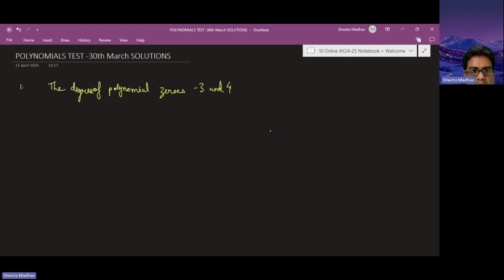If the polynomial has two zeros, it means its degree should be 2. So the answer is option A, since the rule is that the number of zeros of the polynomial should be the same as the degree of the polynomial.